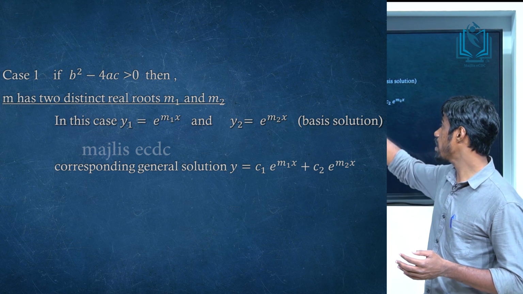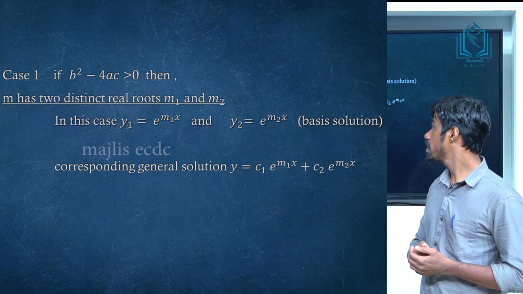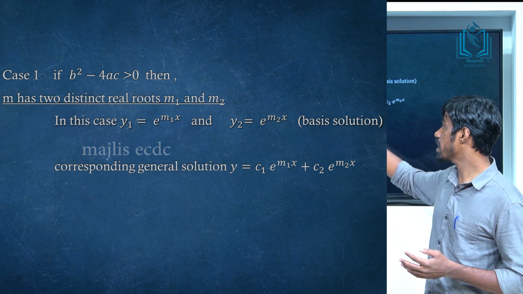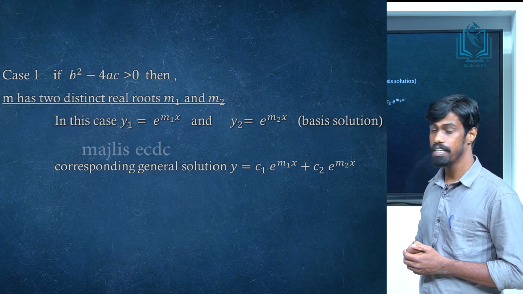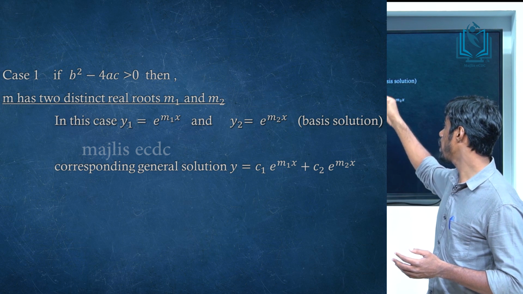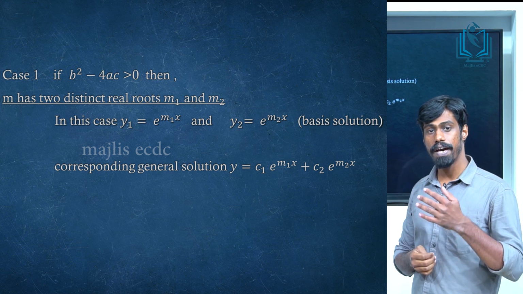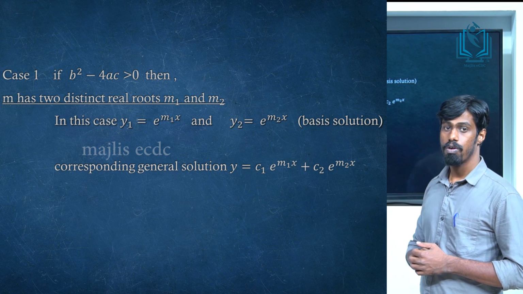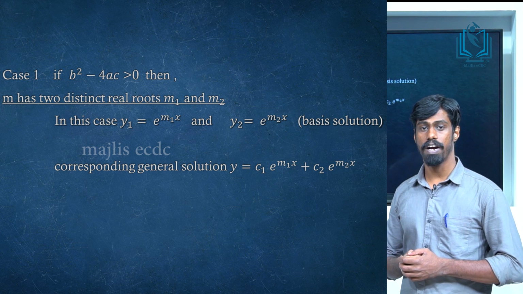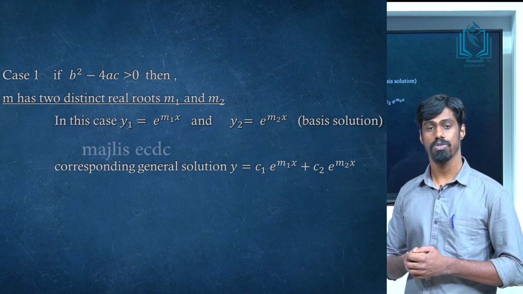say m1 and m2. In this case, y1 equal to e raised to m1x and y2 is equal to e raised to m2x is the basis solution of a y double dash plus b y dash plus c y equal to 0.